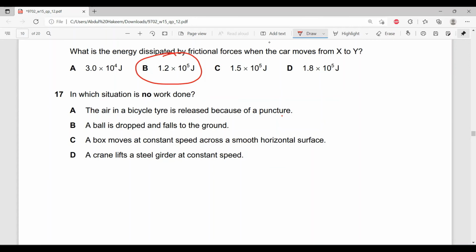So a box moves at constant speed across the smooth horizontal surface. Look at this. Work is done here. Work is done here. The box moves at a constant speed across the smooth horizontal surface. Crane lifts a steel girder at a constant speed. So work is done. So answer is C.